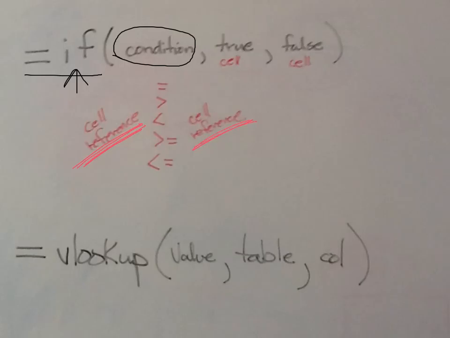It's going to see, are they equal? Is it greater than? Is it less than? Greater than or equal to? Less than or equal to? So it could be any of those, and there's some other items here that we'll talk about later on. Alright, so we could say, is B5 less than or equal to C10 or something?